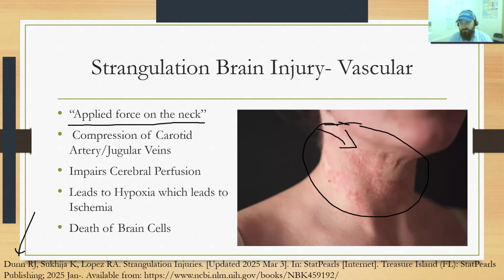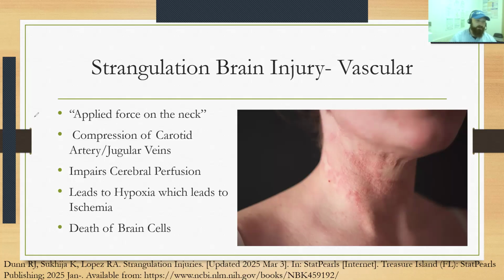Again, strangulation, that's not a good thing usually. I would generally say, let's try to avoid strangulation if possible, but let's be able to identify it. That might indicate a situation like domestic violence, or some other kind of violent action being done against the person who might have a brain injury because of this.